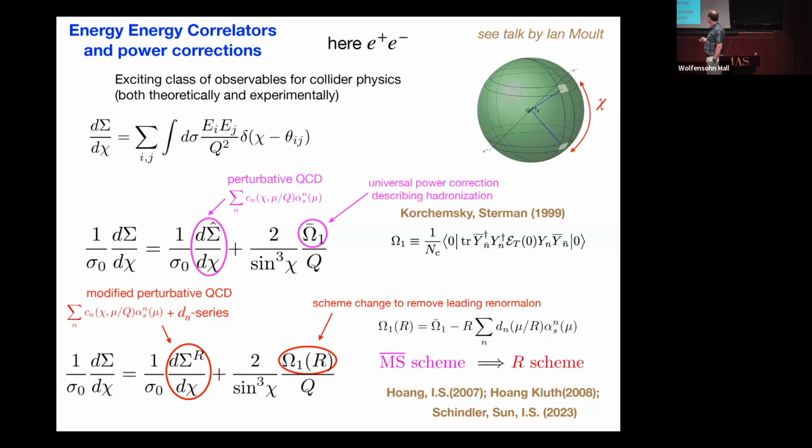And recently, our group converted this MS bar result over to this R scheme result, which basically means shuffling a perturbative series between the power correction and the perturbative series here. So this is the MS bar series, for example, and then this is some series that gets modified because you're removing the renormalon here, but you're adding it here to remove the renormalon in that series.